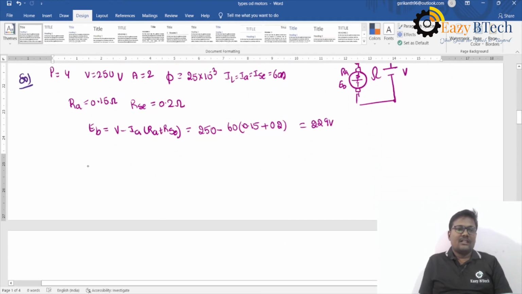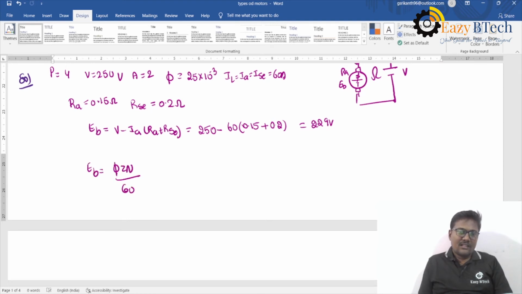After that, EB is equal to flux Z n by 60 into P by A. I am substituting because the question is asking for the speed under this condition. So 229 is equal to flux, 25 into 10 to the power minus 3, the number of conductors, I think, is 200.